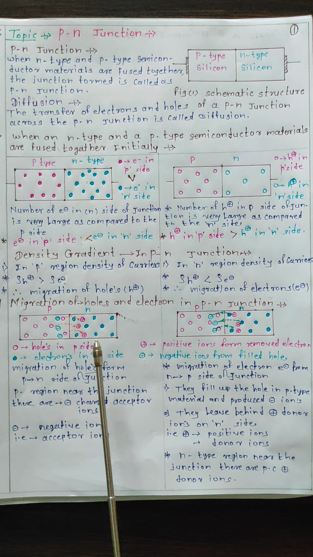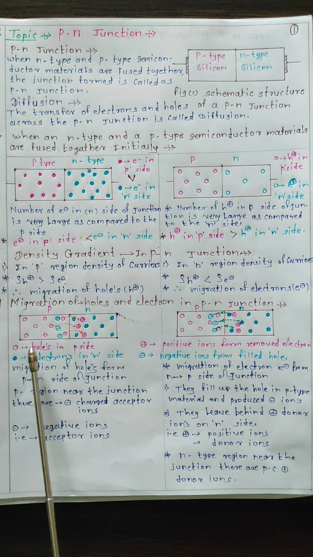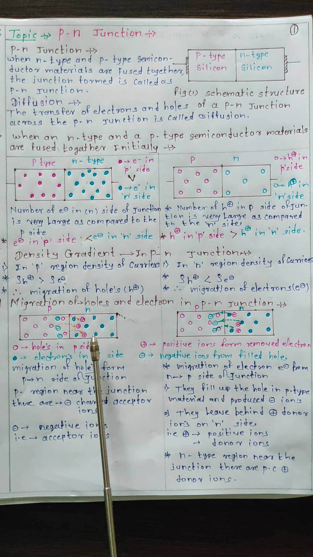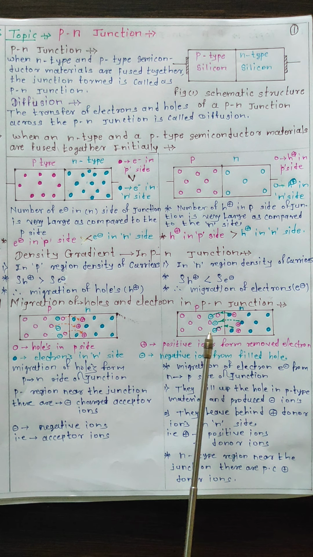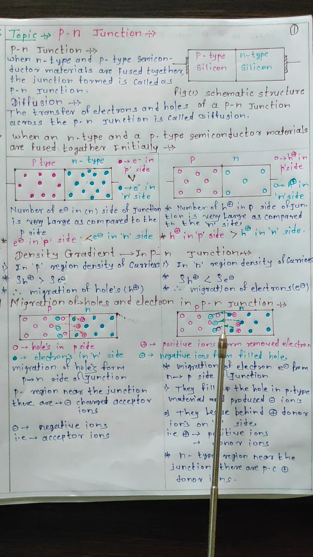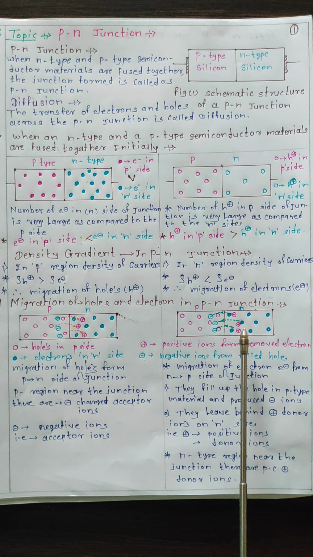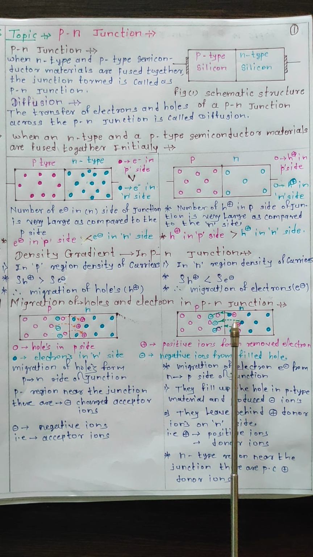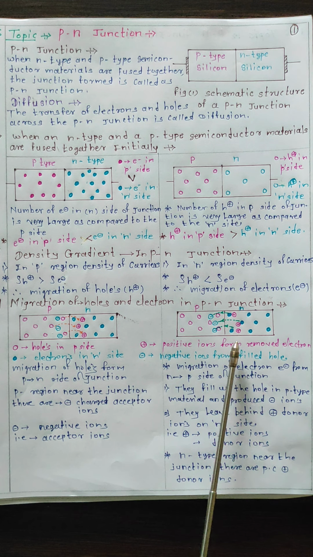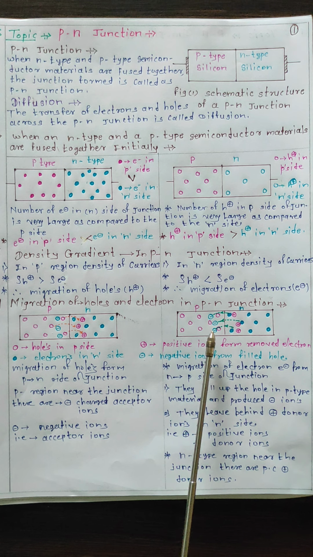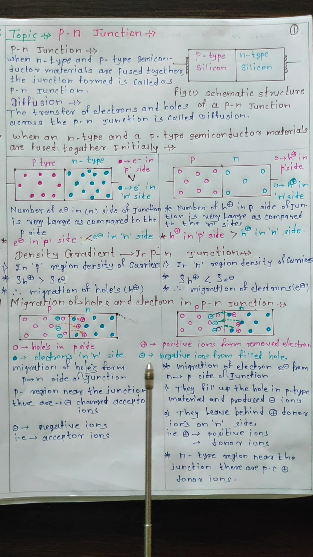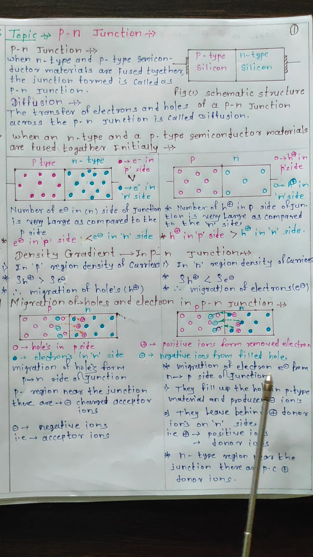Then in the second figure, look, there is a transfer of charged particles, that is electrons, the majority carriers, and they are transferred from the N region to the P region, or the P side of the junction.